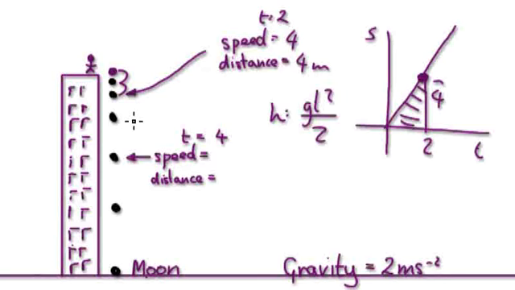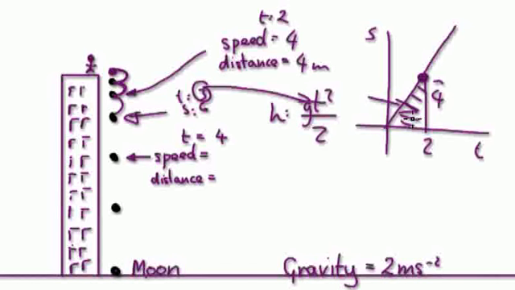Now at t equals 3, speed will be 2, 4, 6. Speed will be 6. The distance traveled, well, you would put the 3 into here, or you can use the area underneath this graph.